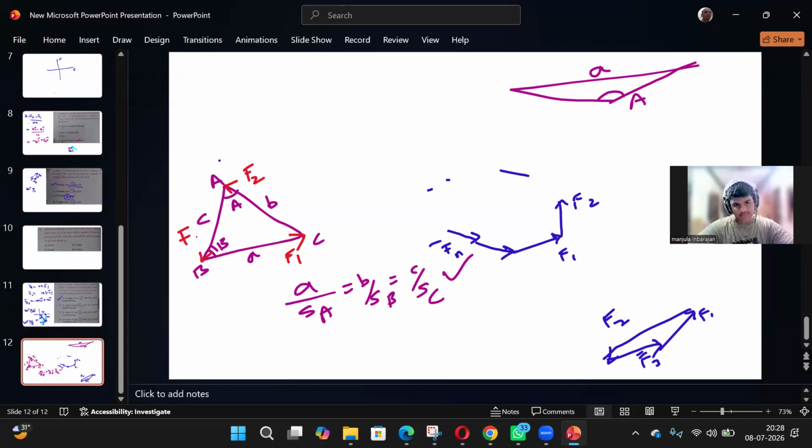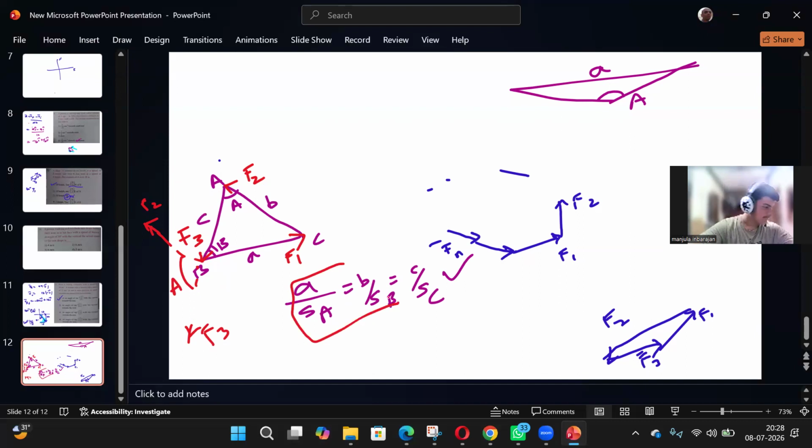This is F3. So if we move this F2 parallel like this, again F2 and F3 parallel and make it like this, then this angle A will come here. So this is same as Lami's theorem.